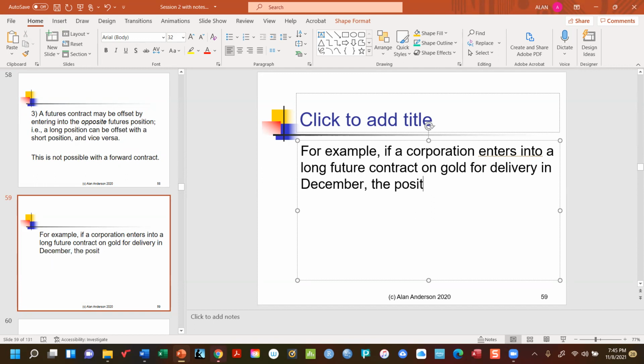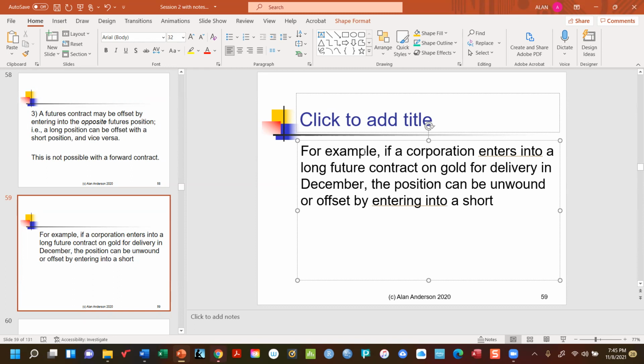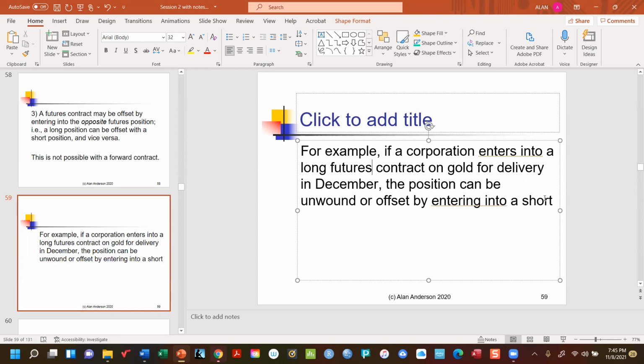The position can be unwound or offset by entering into a short futures contract, meaning that you're selling. The long means you're buying, the short means you're selling, on gold for delivery in December.